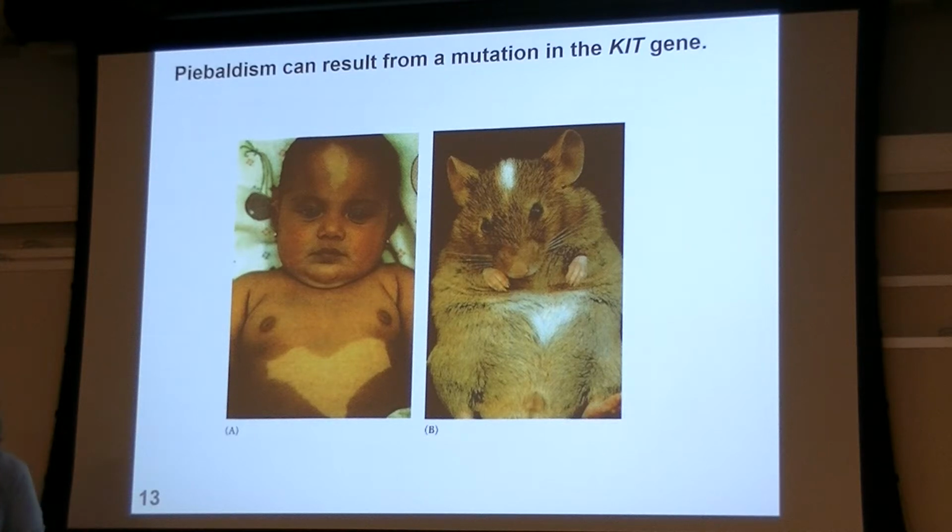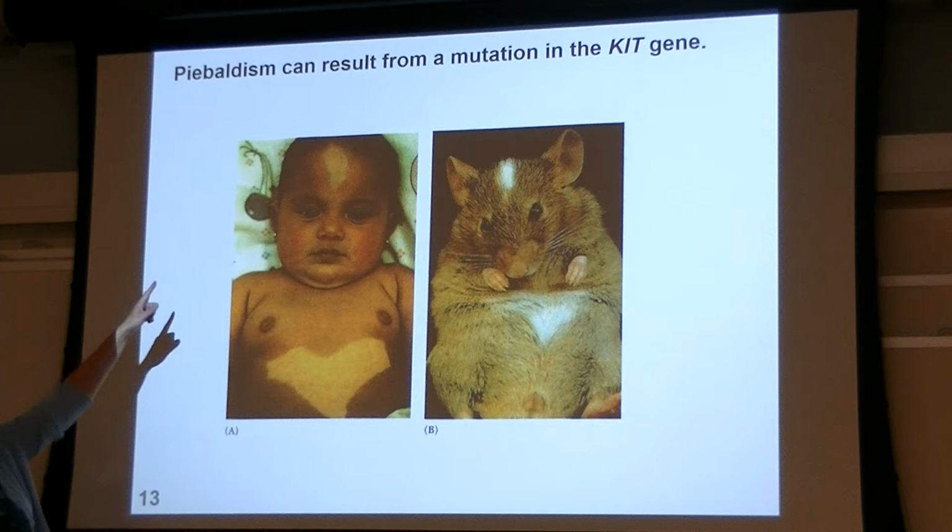I'll show you a couple of other examples that in principle are the same, but they're different genes. But they're all getting back to the migration and the number of these neural crest cells and whether that's wild type or not. But yeah, this one is just really recognizable because of that forehead plus belly hyperpigmentation pattern.